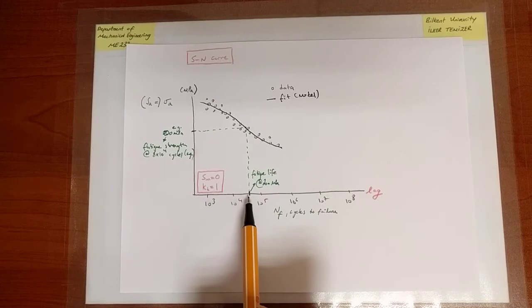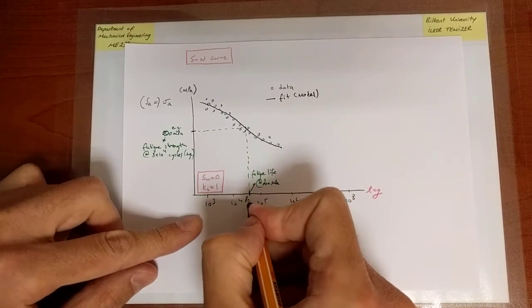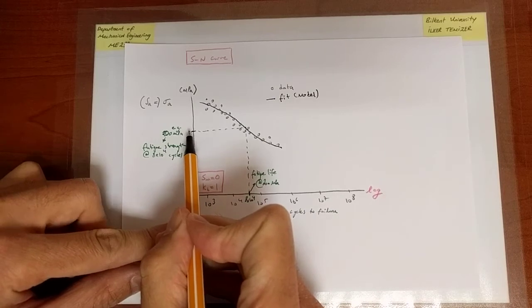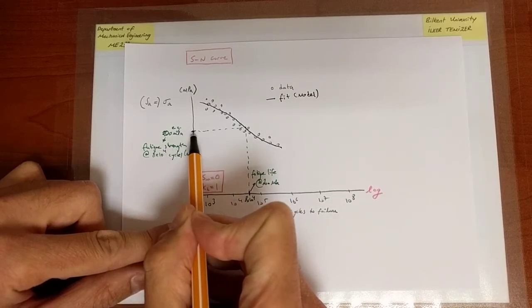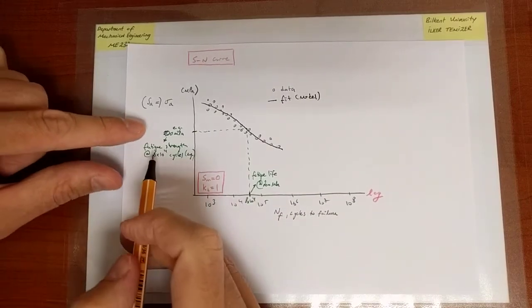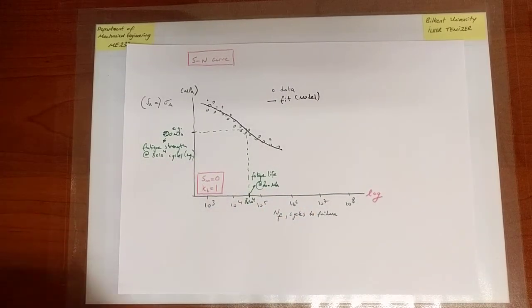So if that's 8 times 10 to the 4, then this would be the fatigue strength of the structure or the material for that given number of cycles. So the fatigue strength and the fatigue life are two terminologies that we have to get accustomed to.